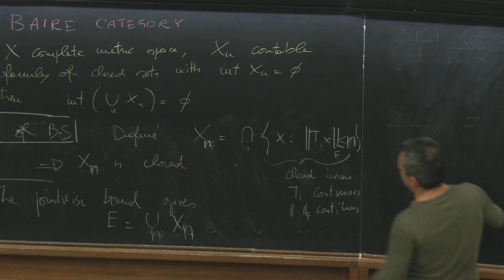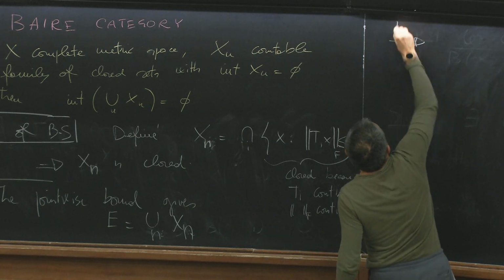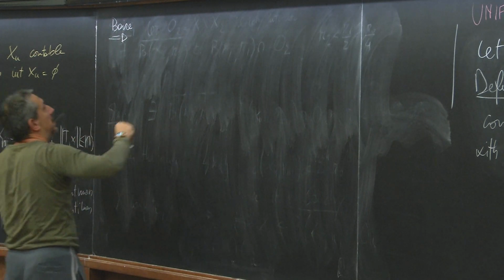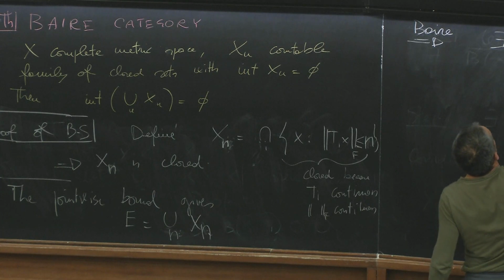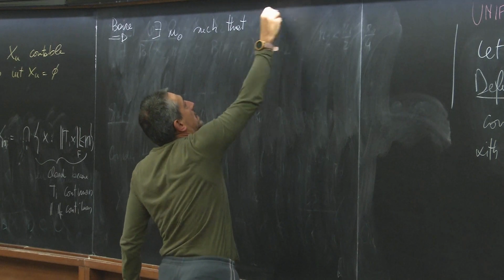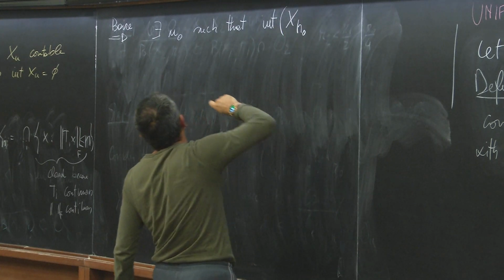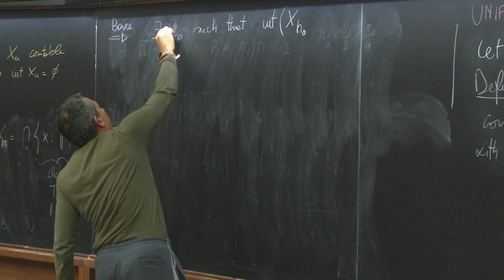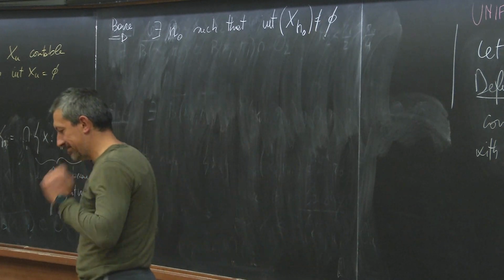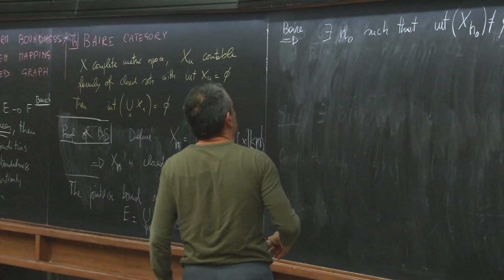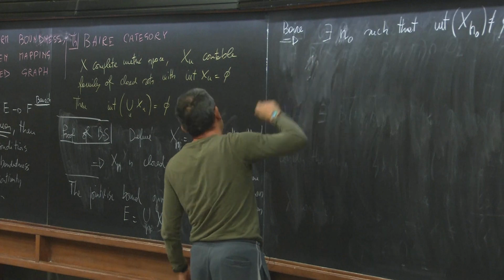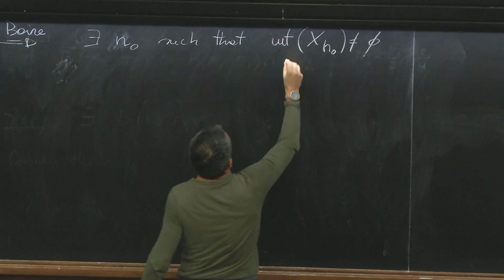Okay, so this, by Baire, implies that at least one has non-empty interior. There exists, let's say, N_0 such that the interior of X_{N_0} is not empty. So in the interior, this contains some ball.